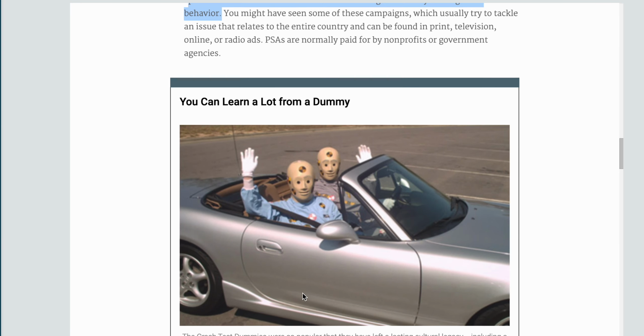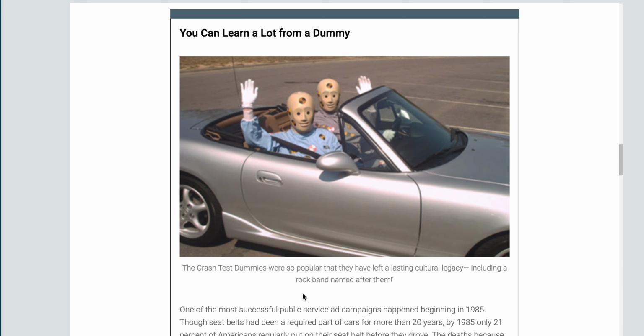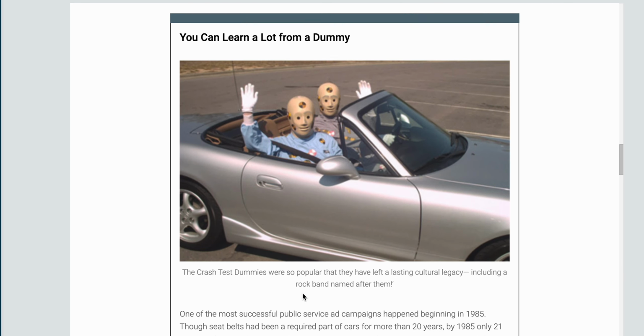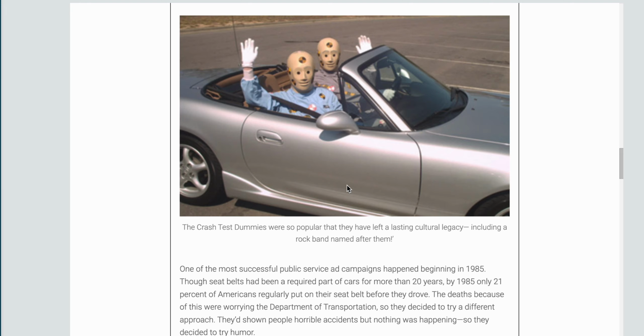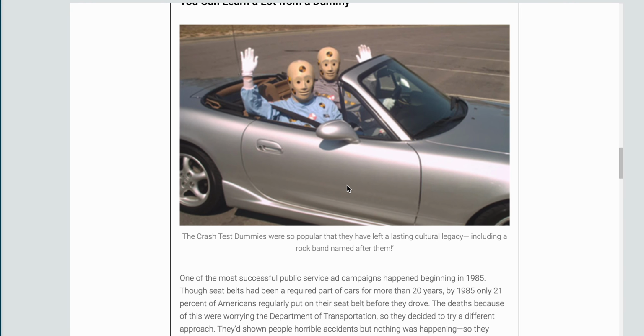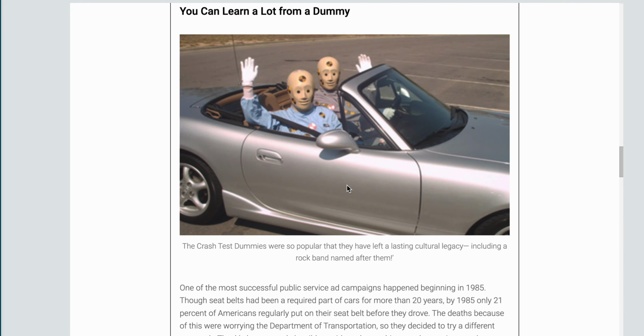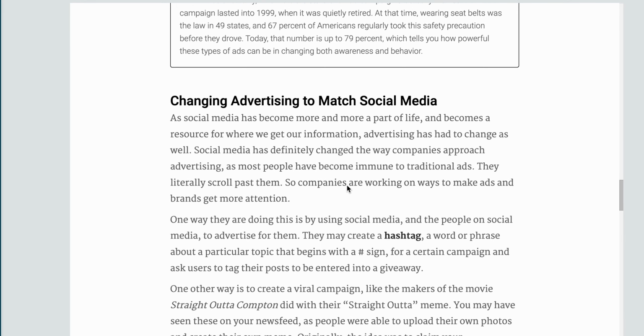And here in the book, we have one of the most famous PSAs. It's the dummies. After this advertisement, people became more aware of seat belts in America, and a higher number of people used the seat belt.